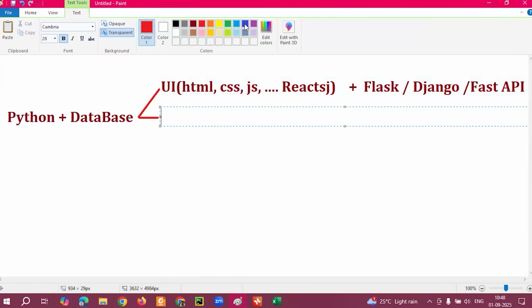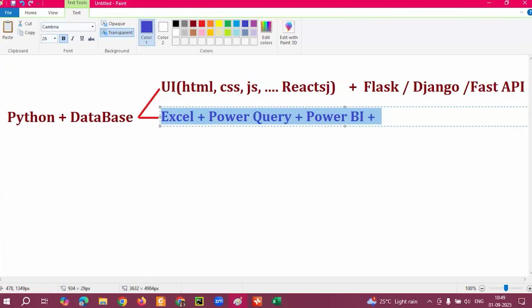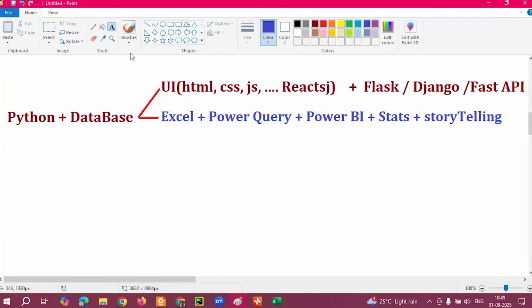As part of data analytics, you need to focus on Python, database, plus Excel, as well as Power Query and Power BI. After learning these three, your task is to learn stats also and storytelling. These things are mandatory for data analyst or business analyst.